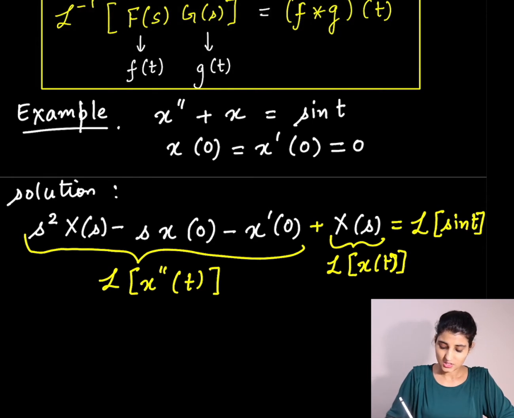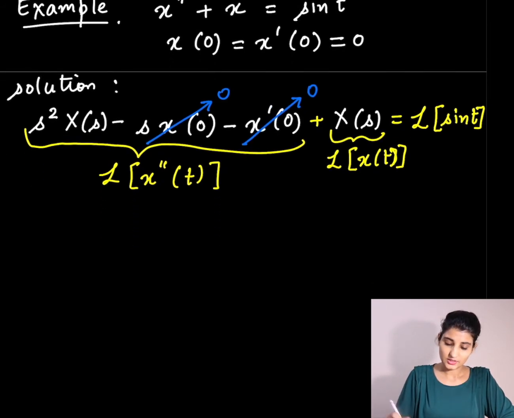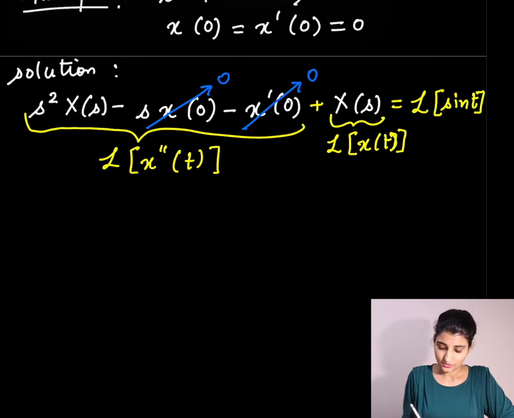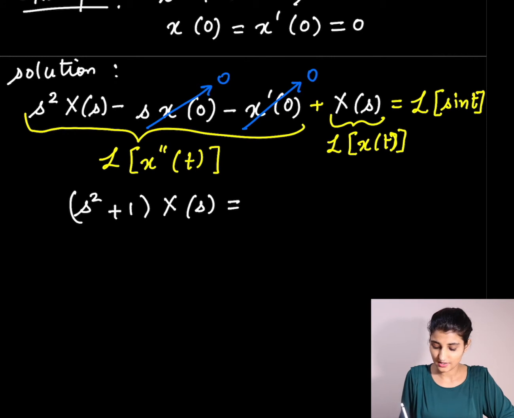So x of 0 is 0, so this term is 0. x prime at 0 is 0, so this term is 0. So on the left hand side we have s squared plus 1 times X(s), and on the right hand side we have the Laplace of sine t.